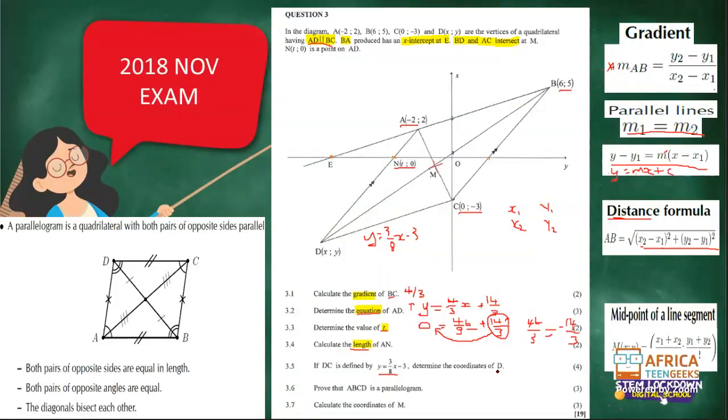And you are supposed to determine the coordinates of the line DC, isn't it? Okay, so what do you think would be your coordinates?